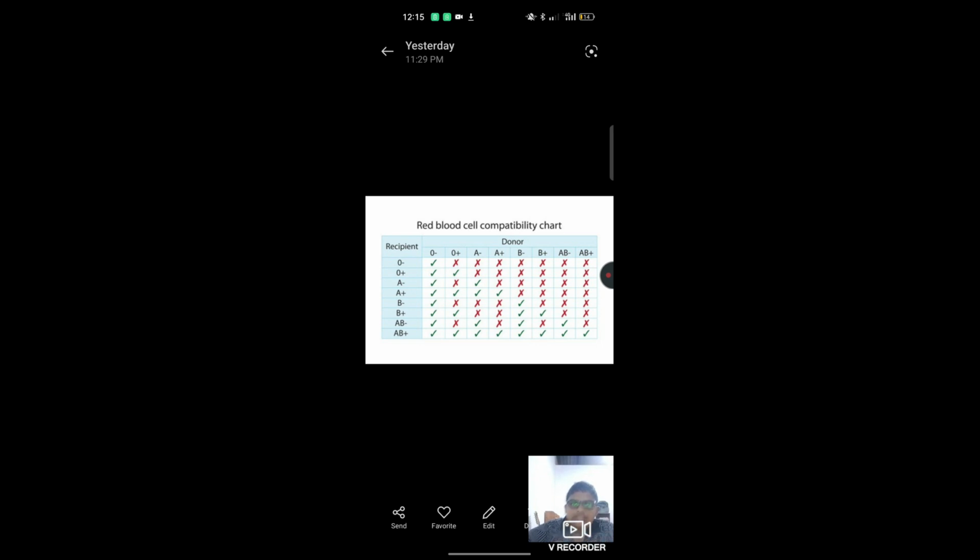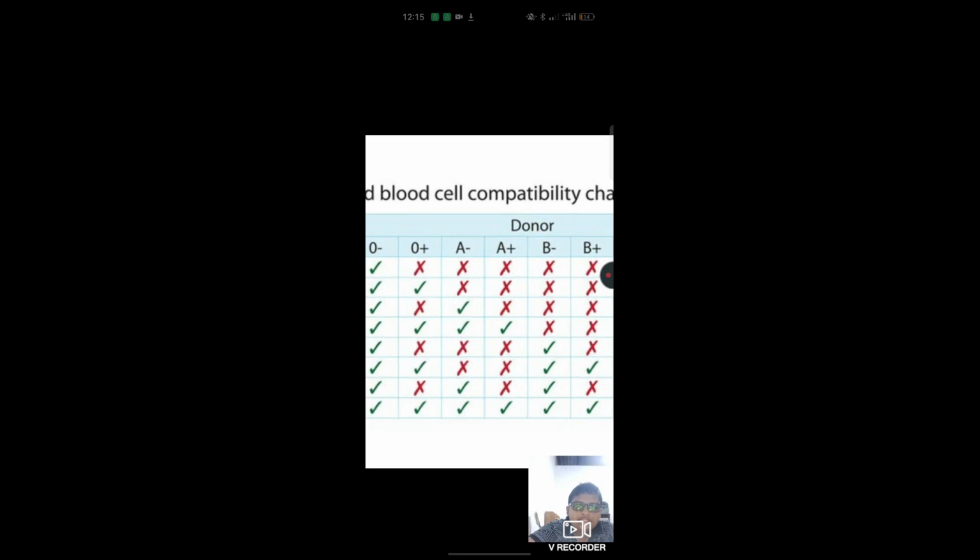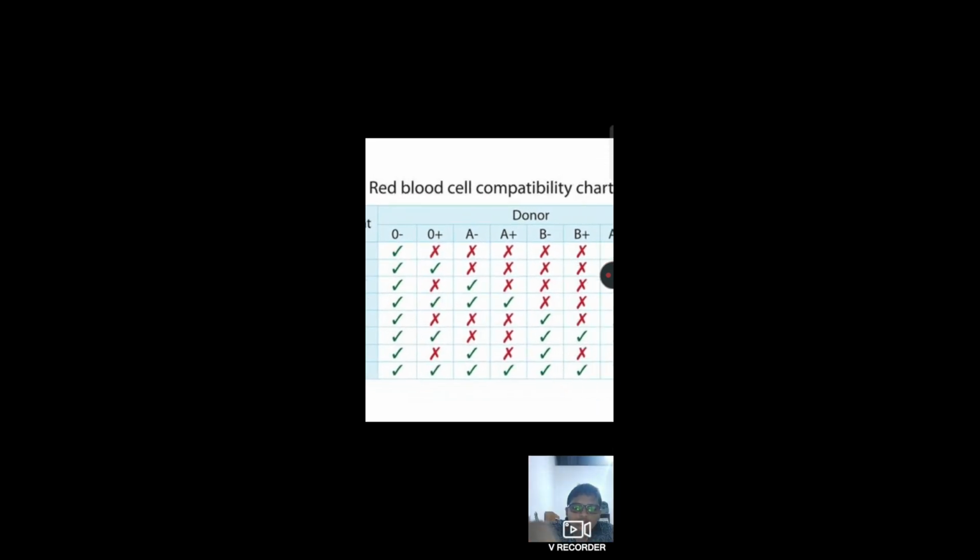And you can see in the recipient's chart here, for AB positive, all the groups have a tick, because the AB positive recipient can take blood from any blood group: O negative, O positive, A negative, A positive, B negative, B positive, AB negative, AB positive.